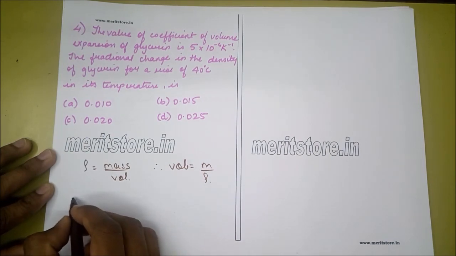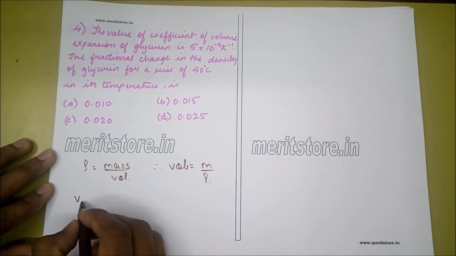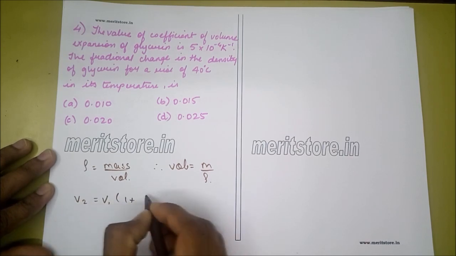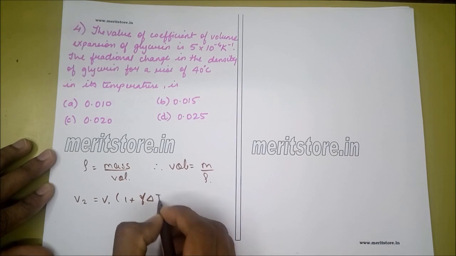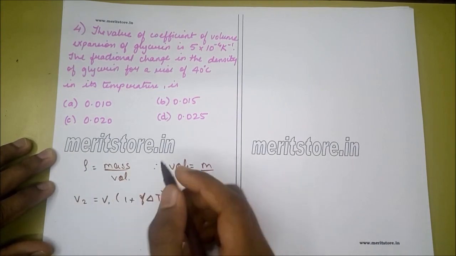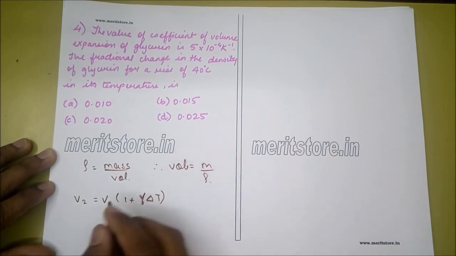So also we know that for volume change, the volume V2 can be given as V1 times 1 plus gamma into delta T, where delta T is the change in temperature and gamma is the coefficient of volume expansion.